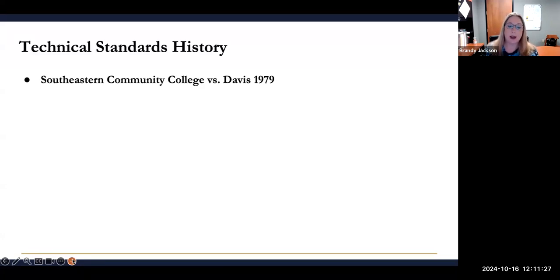In this case, Southeastern Community College denied admission to a woman with significant hearing loss in its RN program. At the time, there were no technical standards. However, the college engaged its faculty and determined that admitting the student would require fundamental changes to its program. The Supreme Court unanimously upheld the college's decision, and this was the first time technical standards were mentioned.